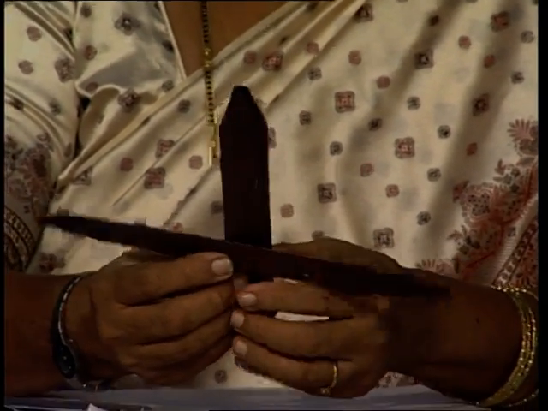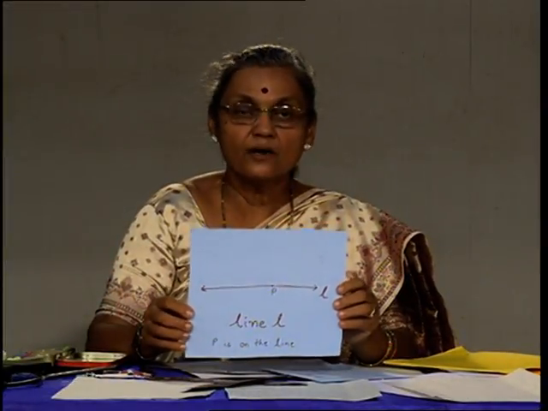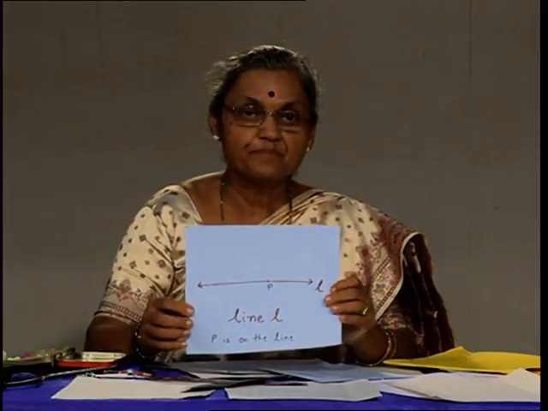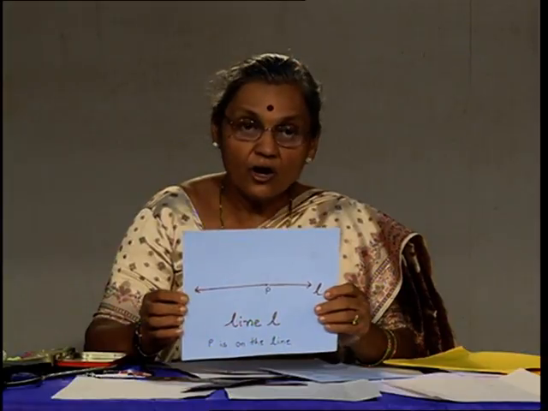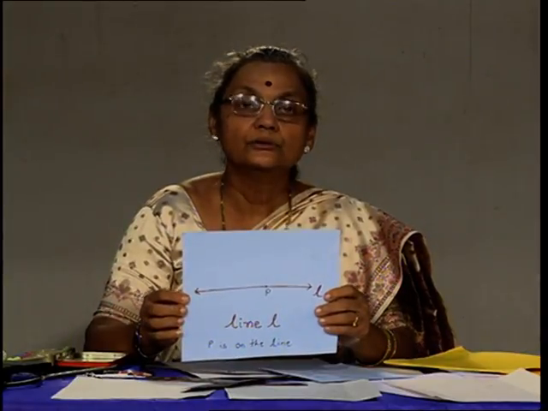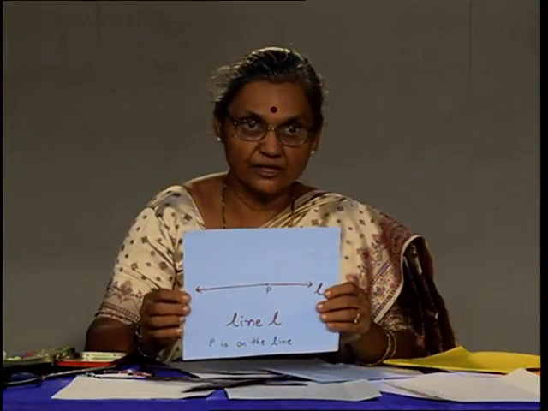Now, here, these constructions for perpendicular lines are included in our 6th standard syllabus. How it is included and what parts are there, we will see. To draw a line on a paper, take a point P on it and draw a perpendicular to the line through the point P. This is the construction.